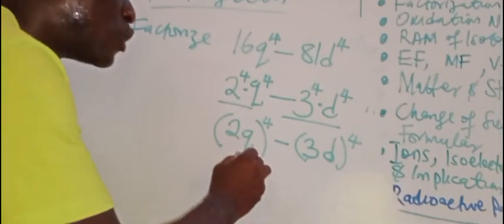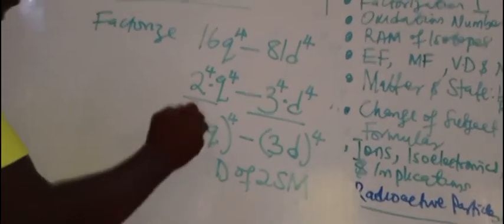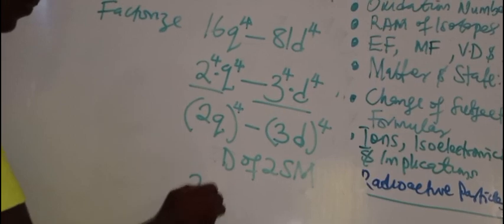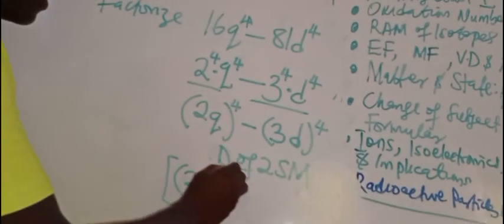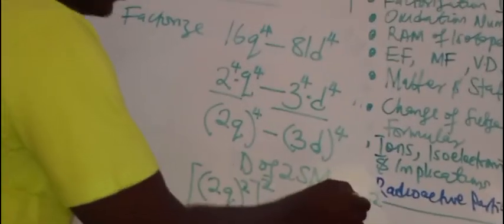Don't forget that our method is the difference of two squares method. So I have to bring out something squared, not something to the power 4. This can be (2q squared) all squared, 2 times 2 is 4, minus (3d squared) all squared. Exponent multiplied by exponent, 2 times 2 is still 4.